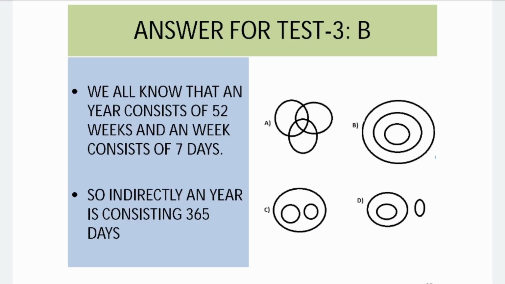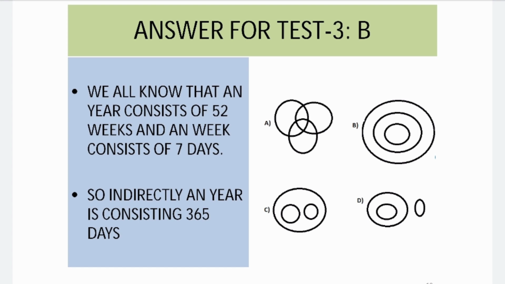We all know that a year consists of 52 weeks and each week consists of 7 days, which means that a day is consisted by a year indirectly, but a week is consisted by a year directly, and a day is consisted by week directly.